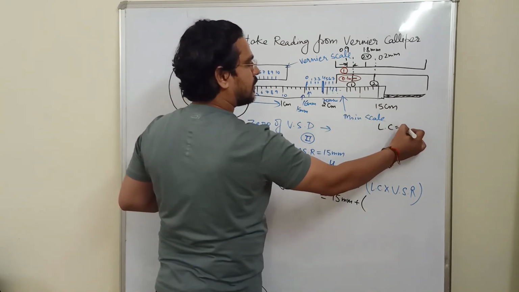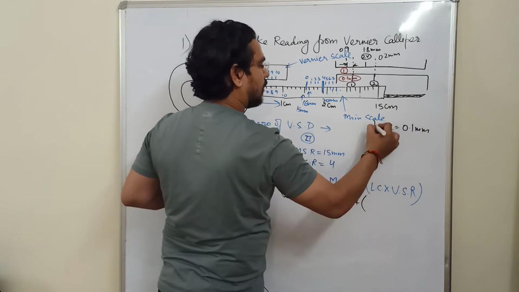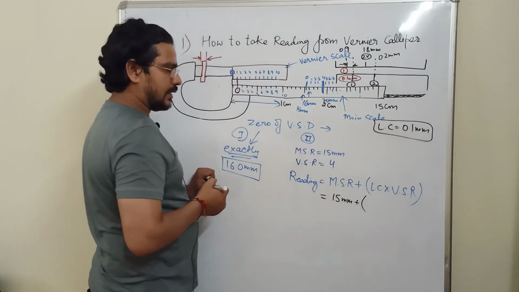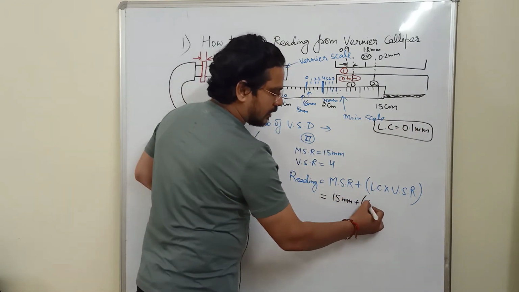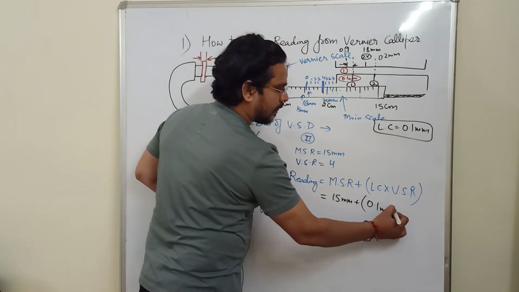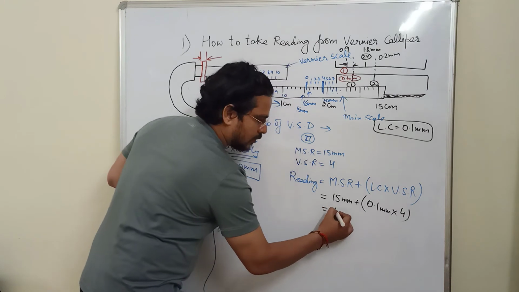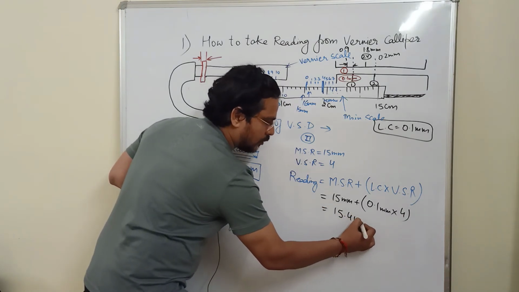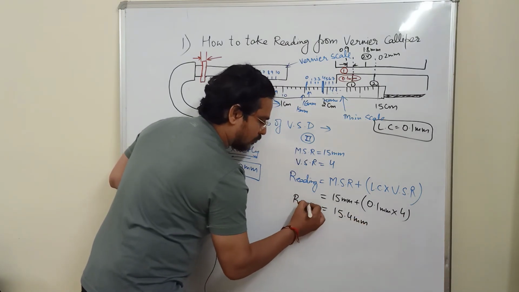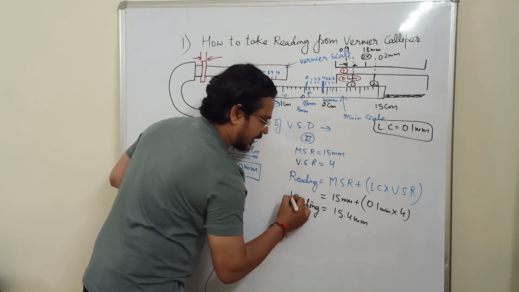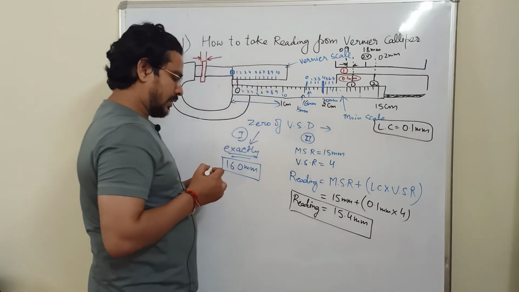You have to remember it. For your vernier caliper, 1 MSD minus 1 VSD is the least count, I told you before. So least count is 0.1 mm multiplied by vernier scale reading, which is 4. Your answer is going to be 15.4 mm. That is going to be your reading from vernier caliper, 15.4 mm.